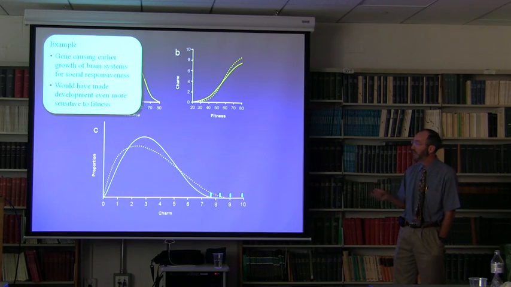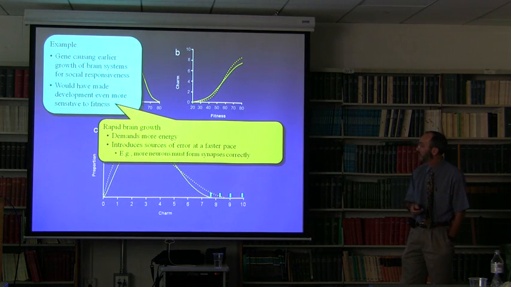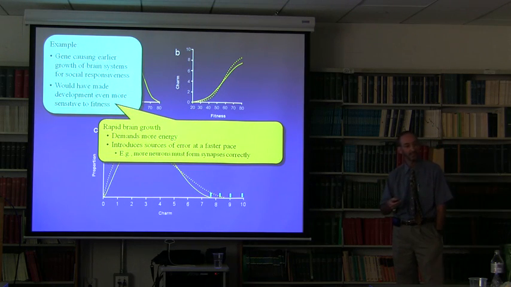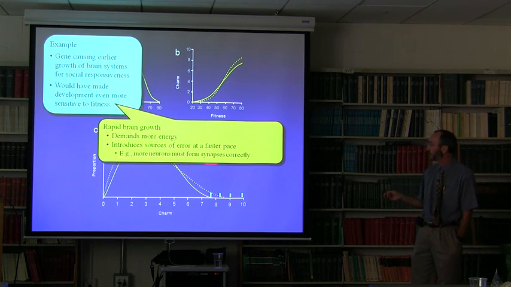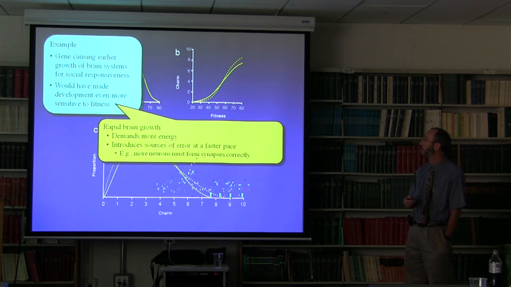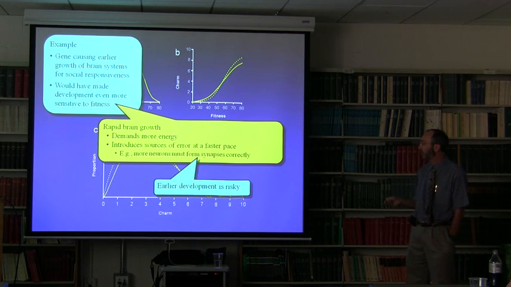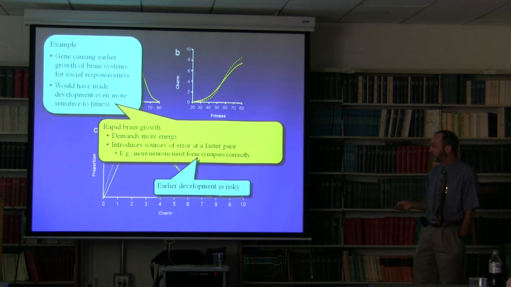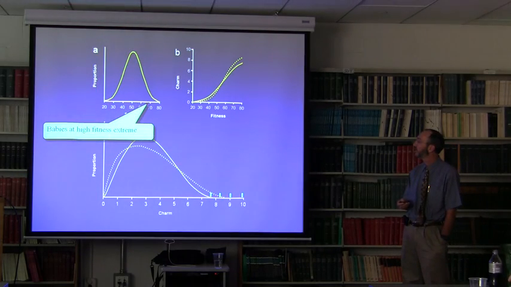This would have made their development more sensitive to fitness, because rapid brain growth demands more energy, and it introduces sources of error at a faster pace. More neurons must form synapses correctly in the same period of time, for example. So earlier development of these brain systems is risky.